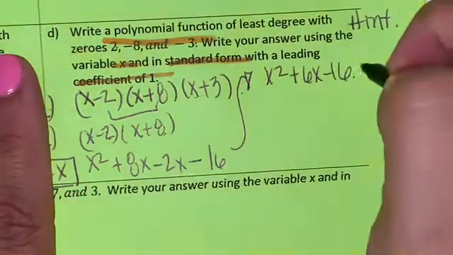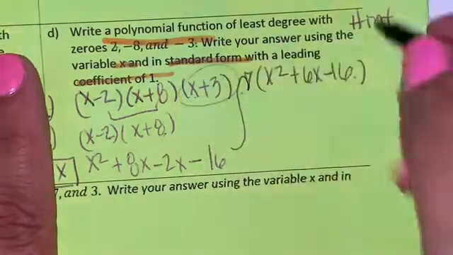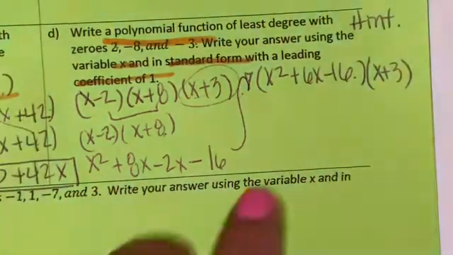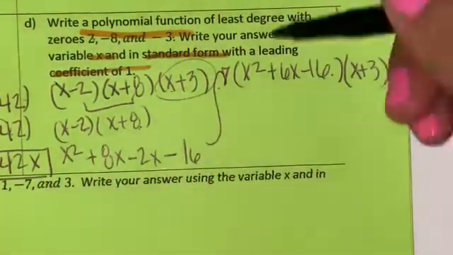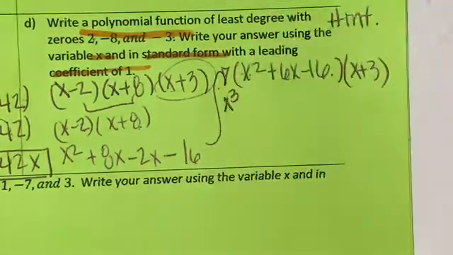And then I'm going to take this and multiply it by that right there. So it's x plus 3. Okay, this is long. X squared times x is x to the third.